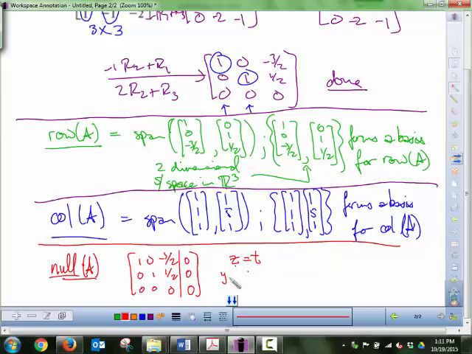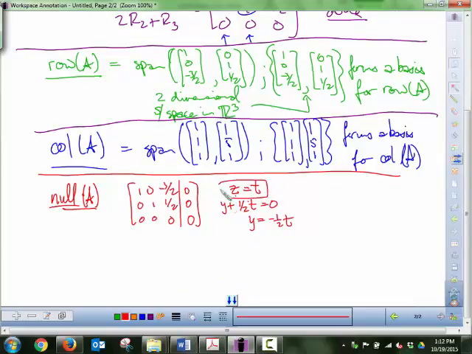So I have y plus 1 half z is equal to 0. So y is going to equal negative 1 half z, which we'll replace with t. And then for the first one, we have x minus 3 halves z is equal to 0. Again, we'll solve for x and then replace z with t.